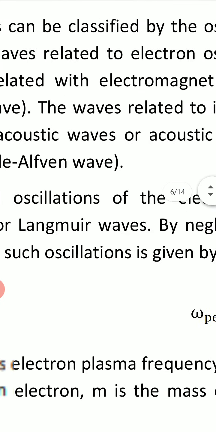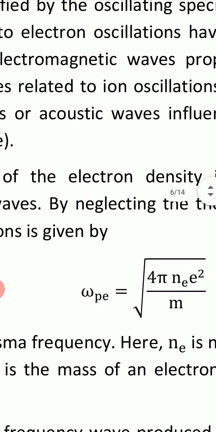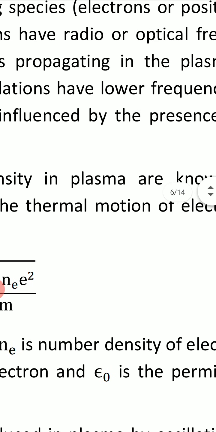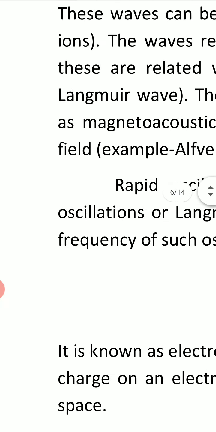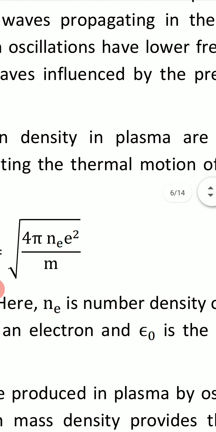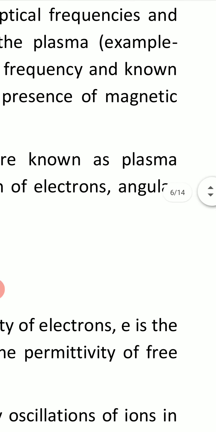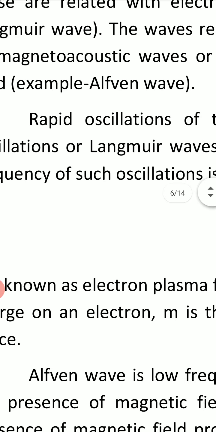The waves related to electron oscillations have radio or optical frequencies, and these are related with electromagnetic waves propagating in the plasma. Example is Langmuir wave.